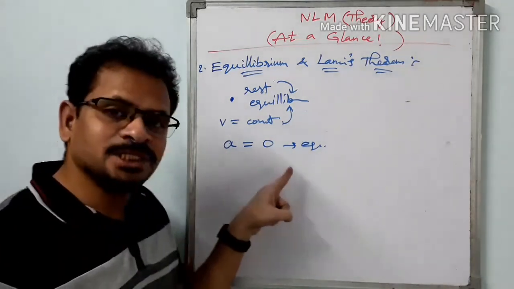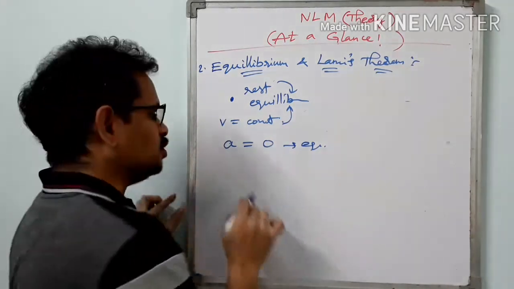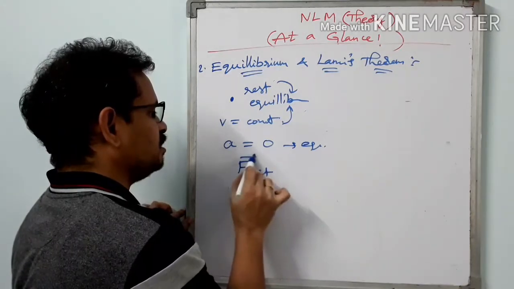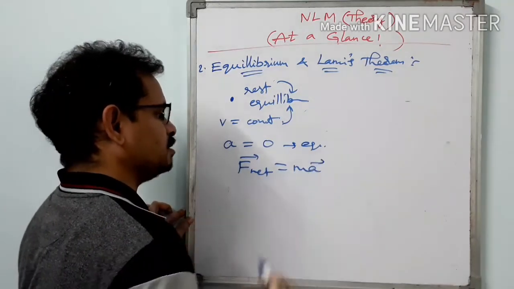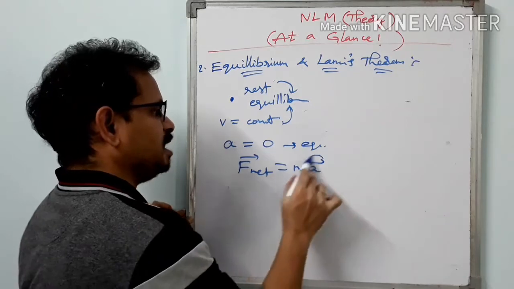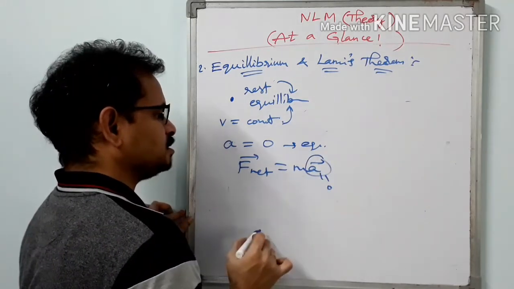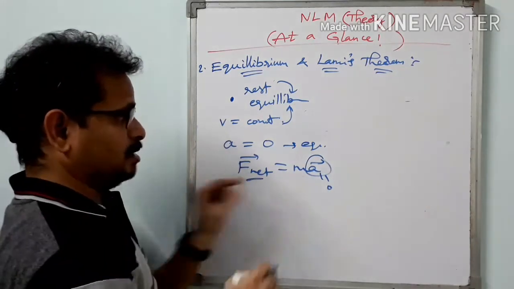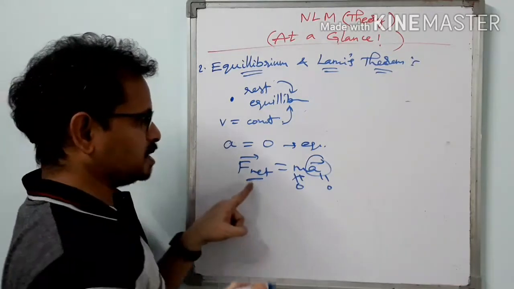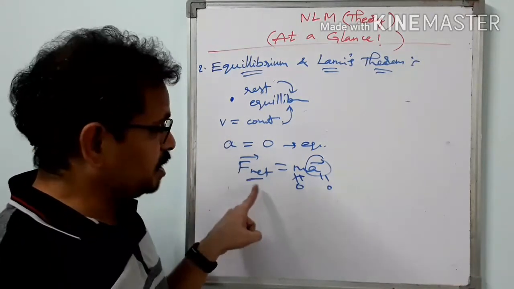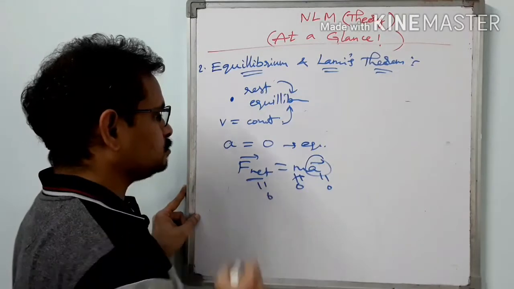When will acceleration be 0? When net force equal to 0, because from Newton's second law, F net bar equal to ma bar. If a bar equal to 0, then what happens? m cannot be equal to 0, so compulsorily F net bar must be equal to 0.